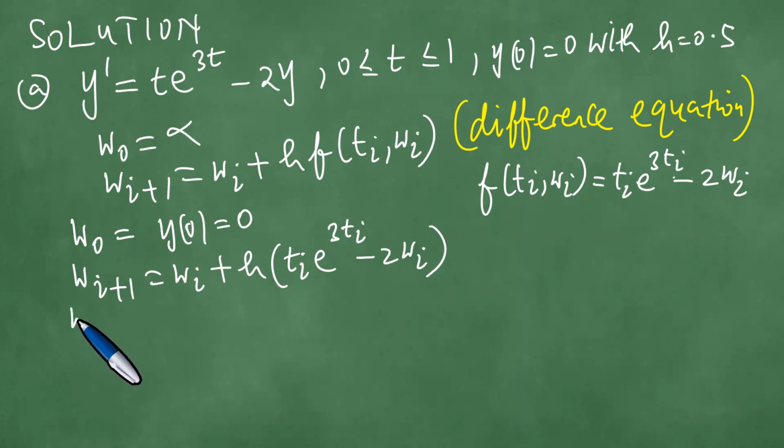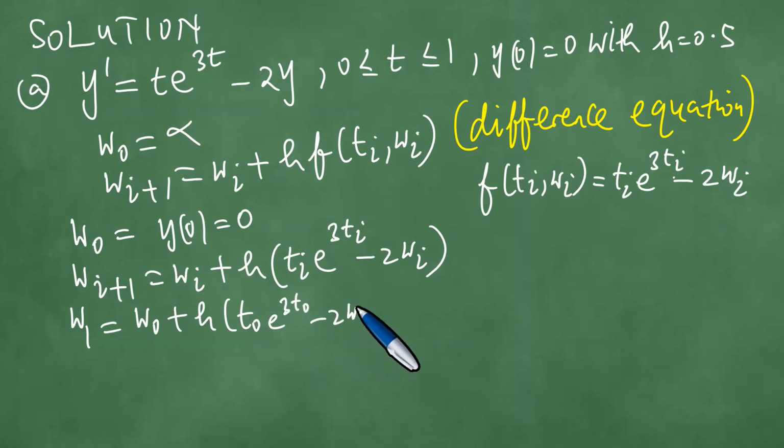Let's do W1, because we already have W0. W1 occurs when i is 0, because 0 plus 1 is exactly 1. So this one is W0 plus H, then you have T0 e to the 3 T0 minus 2 W0.